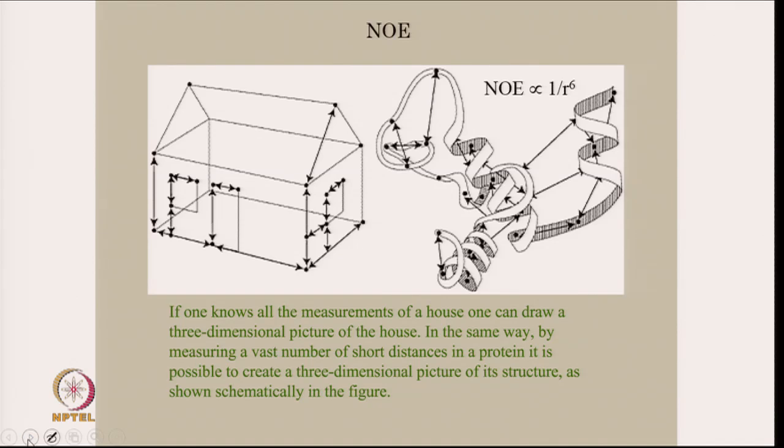Now, once you have assigned all the peaks corresponding to your protons in a protein, you go for NOE, and NOE gives you the distance between two protons. As distances are used for construction of a house, similarly here distance constraints are used to fold the protein using your computational software.